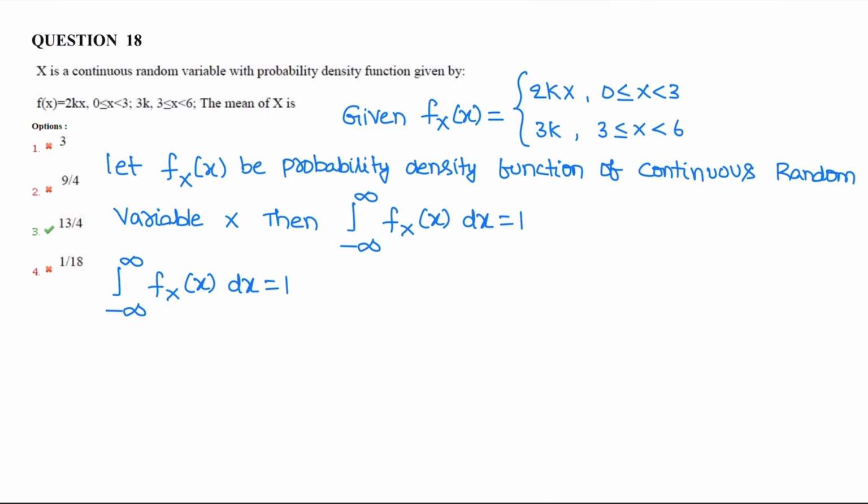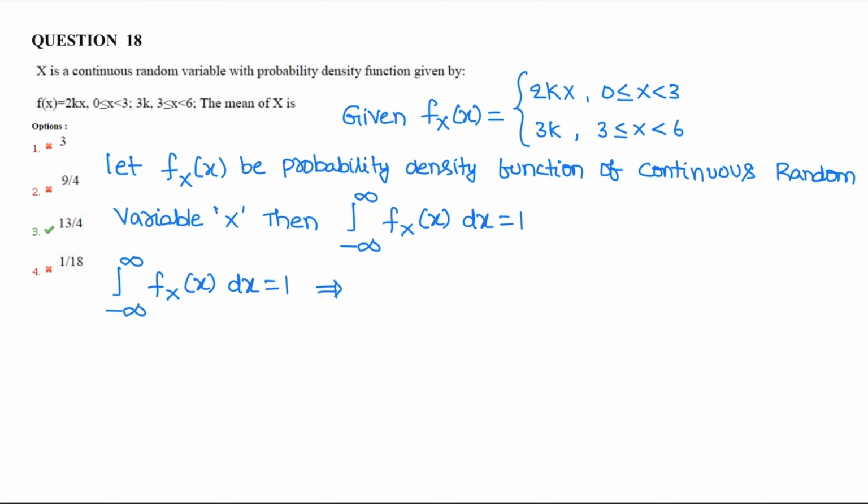Next, let f of x be a probability density function of continuous random variable x, then the integral from minus infinity to infinity of f of x dx is 1. And the given function f of x is the function mentioned here. Using this formula, we try to obtain the value of k.